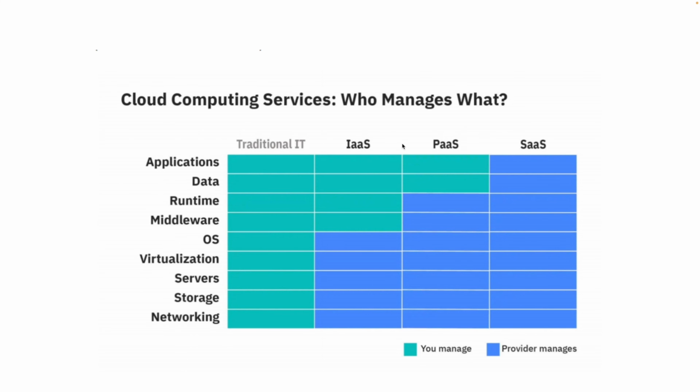Let me take another example, such as Slack. Nowadays, many businesses are communicating over Slack. It's a software as a service. Everything is managed by the third party provider. So that was a very comprehensive difference between what traditional IT is, and how infrastructure as a service, platform as a service, and software as a service are different from the traditional IT.